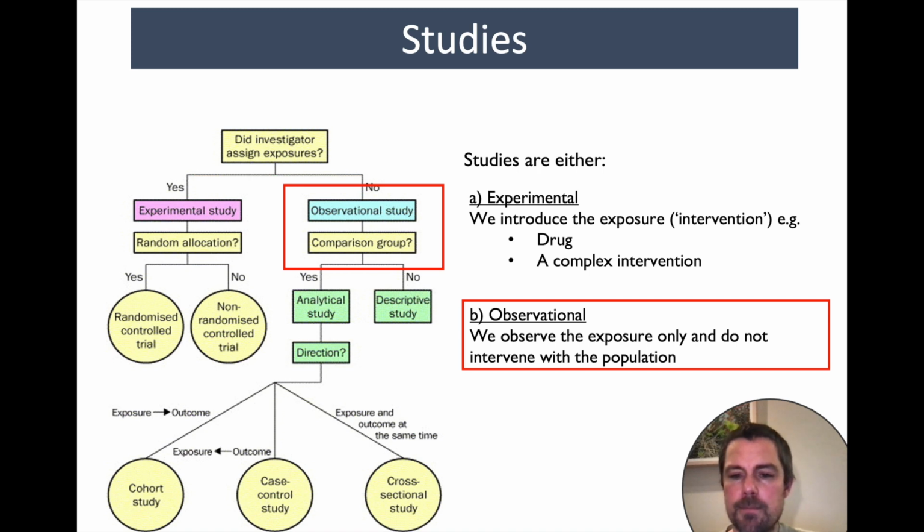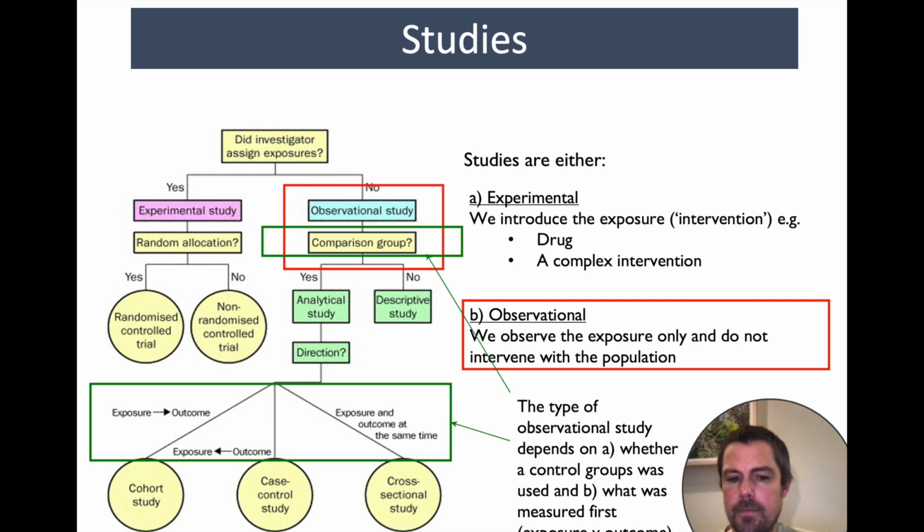They observe exposures, they observe outcomes, and a statistical analysis will unfold where we try and compare the two groups to each other. Depending on what is measured first, we have a cohort study or a case control study. So if we measure the exposure first and then the outcome later, that is called a cohort study.